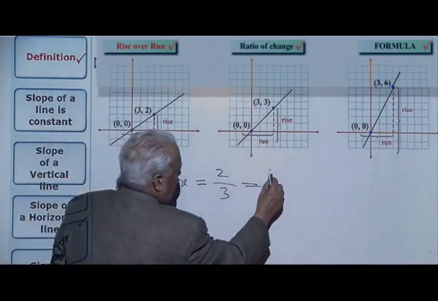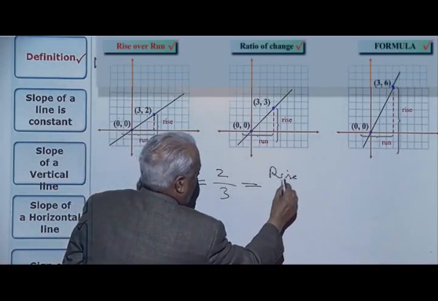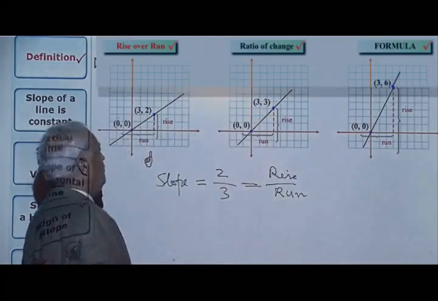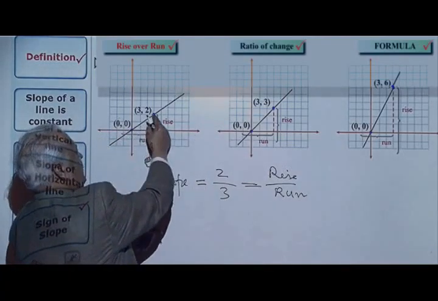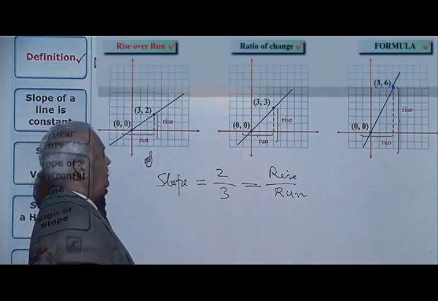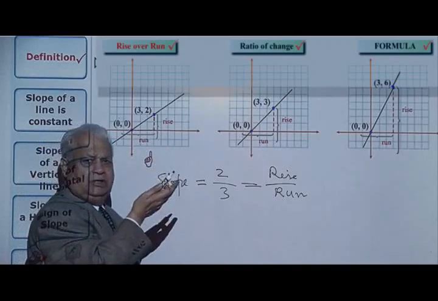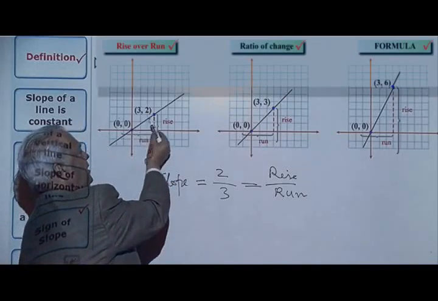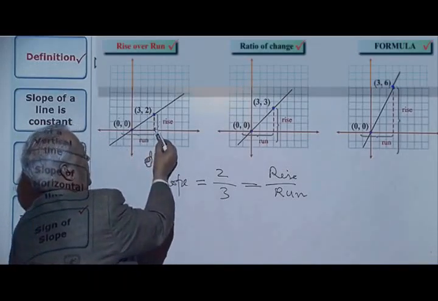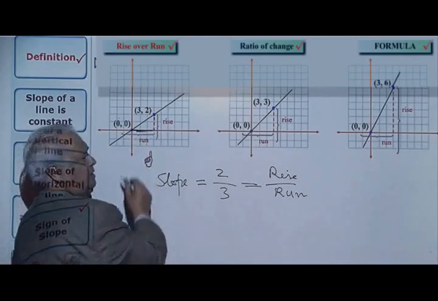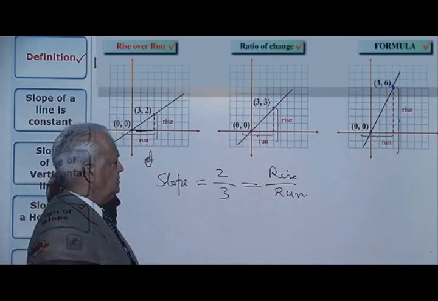Run is 3, so it is rise over run. You take any 2 points, in this case origin and point (3, 2), and find out how high the line goes as the point moves from here to here. It is this high. And how much it covers the distance horizontally, that's what we call the run.